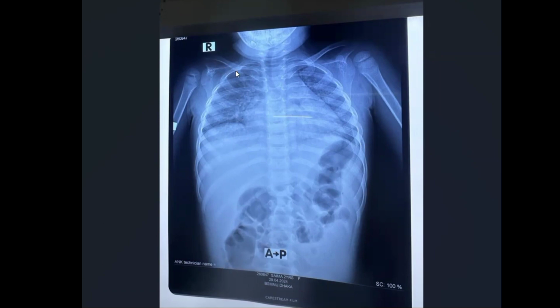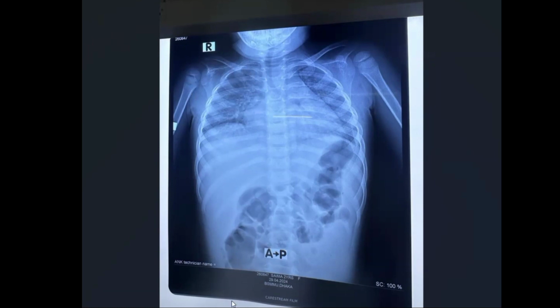Because look at the scapula, the medial margin of the scapula is lateral and here lies within the lung field, and the acromioclavicular joint and the claviculo-sternal joint are not in the same zone, and the acromioclavicular joint lies higher.